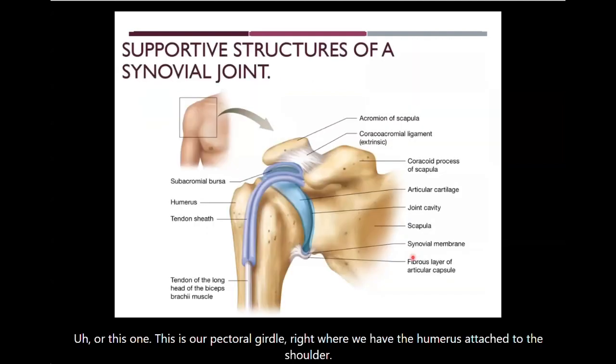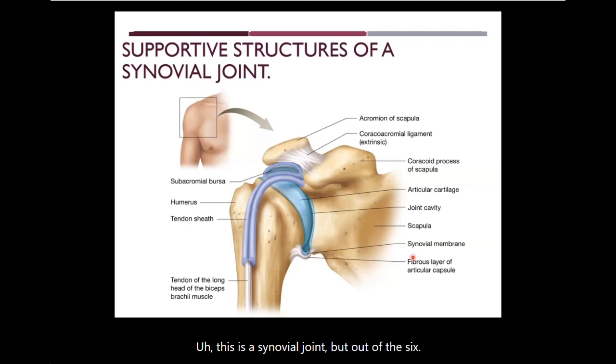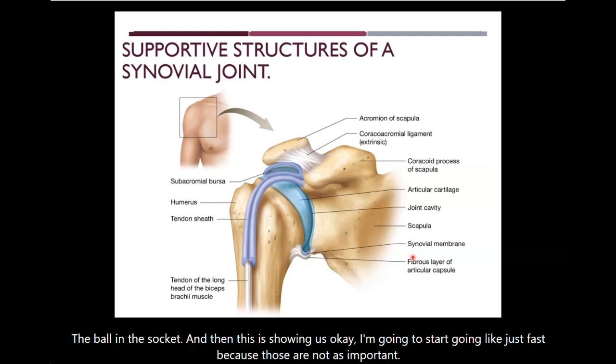Or this one, this is our pectoral girdle, where we have the humerus attached to the shoulder. This is a synovial joint, but out of the six, which one does it represent? The last one, right? The ball and socket.